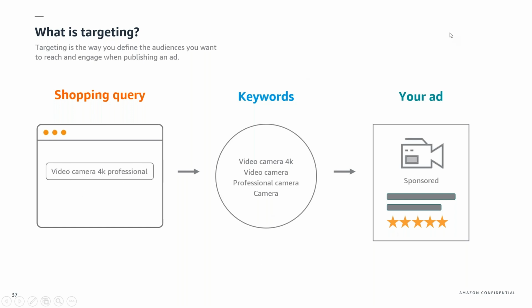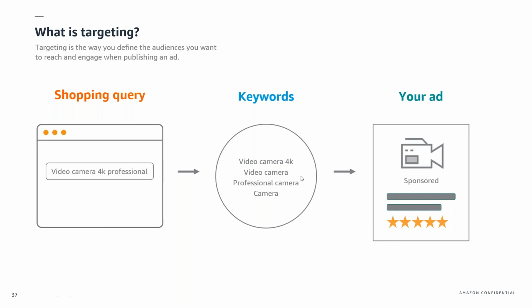From just one shopping query, we can create multiple different keywords, for example, video camera 4K, video camera, professional camera. These are all hints about the product feature that is the most important to customers. And then what you want to do is plug and play these keywords into your sponsored display ads, into your headlines in your sponsored brands, and also into your listing page as well. So when I say improve your listing page, find hero keywords, this is the hero keyword list that you must also pack into your listing page.